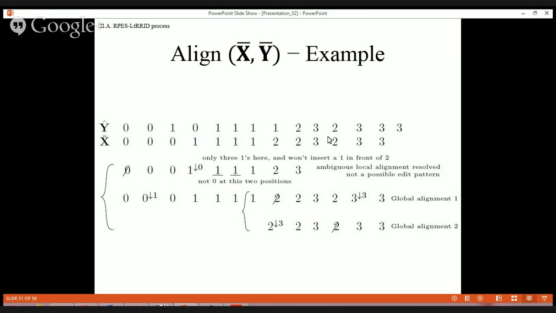So it must be the case where there is one deletion in between, which lengthens the run by combining this 3 and these 2 3s. So in this case, we can also get 2, 3, 2, 3, 3, 3. So in this part, we show an ambiguous local alignment giving 2 different global alignments. And in this case, we would write 1 bit to indicate which global alignment it is.